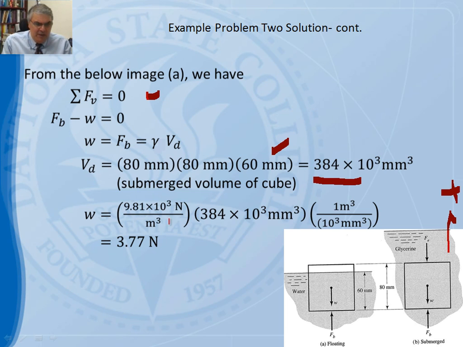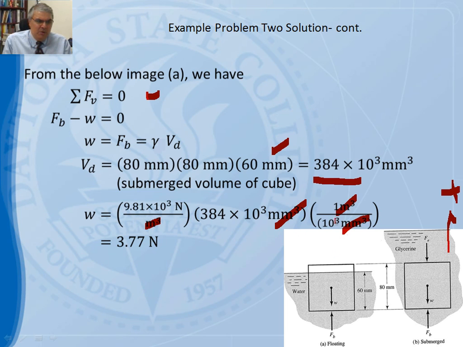So W is 9.81 times 10 to the power 3 multiplied by 384 times 10 to the power 3 cubic millimeter. We need to convert that to cubic meter. So the cubic millimeter and cubic millimeter here are going to cancel out.